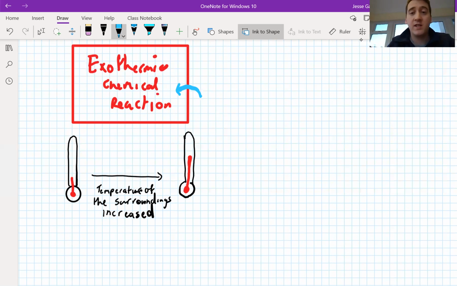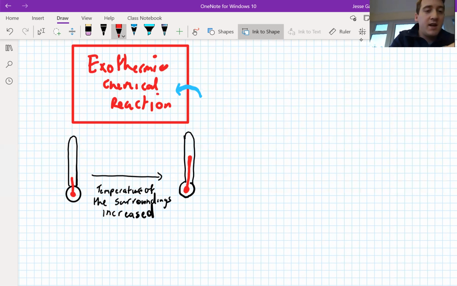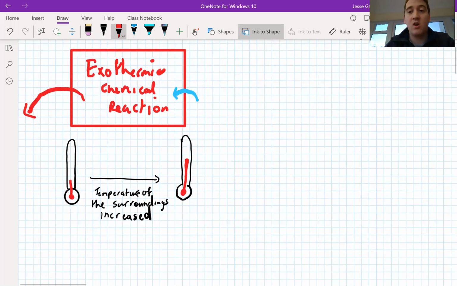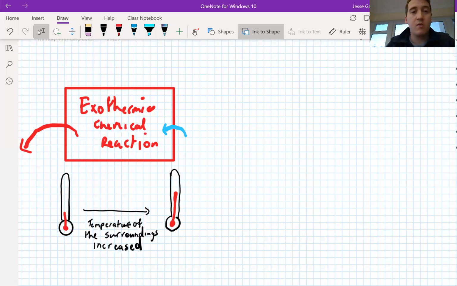So some energy is taken in to get the reaction to start, to break the bonds in the reactants. And then when the products are formed, energy is given out. And as you can see, the arrow here is much longer. And that's because more energy is given out. So overall, the surroundings heat up because more energy is given out than what's taken in. Straightforward enough, I hope. Right, let's look at the other case.